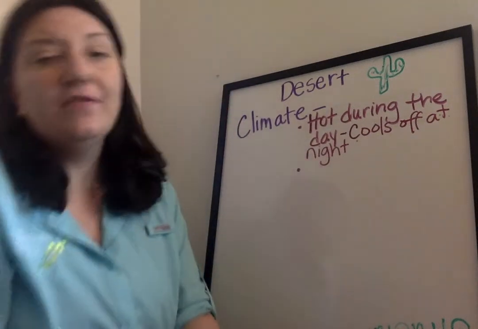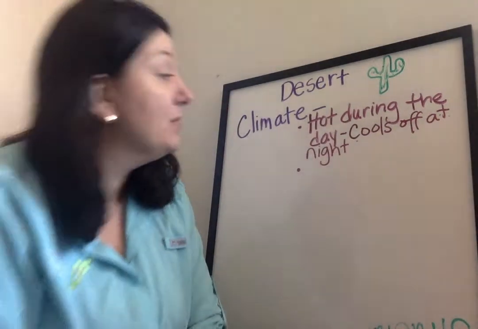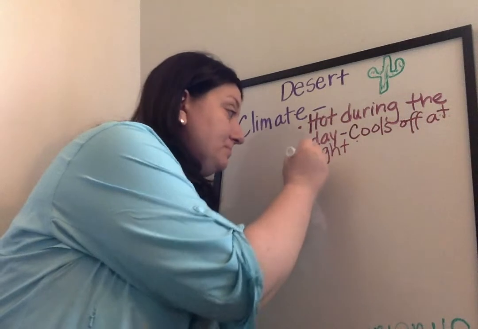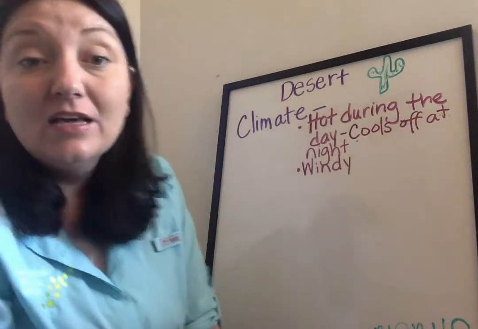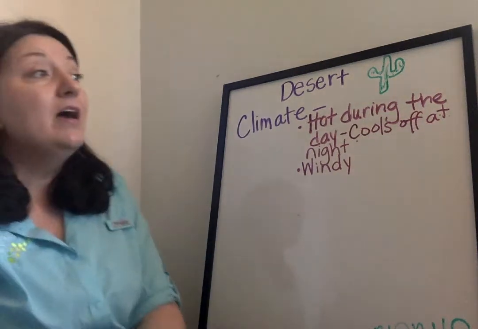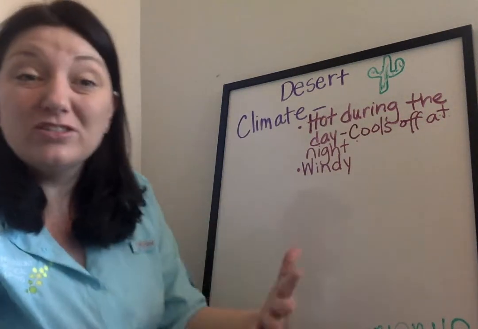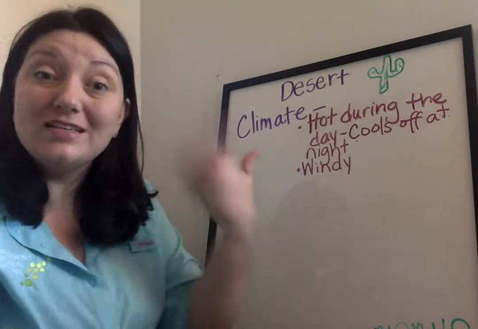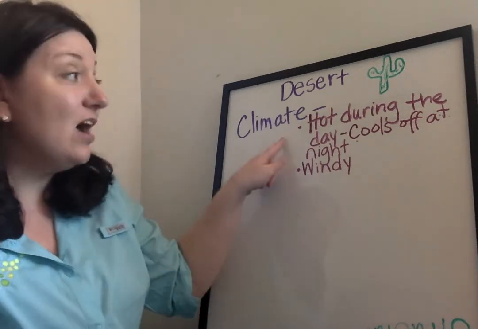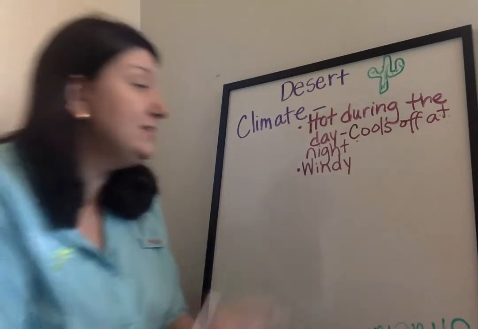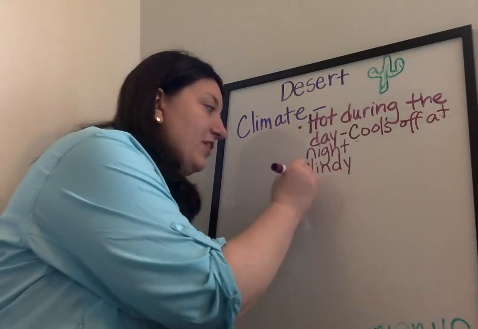Another thing about the climate in the desert is that it can be very, very windy. In fact, the wind can be so strong sometimes that they have something called sandstorms. The winds are so strong that they blow the sand from the ground up into the air. Hot during the day, cools off at night, windy, and of course it is very dry.